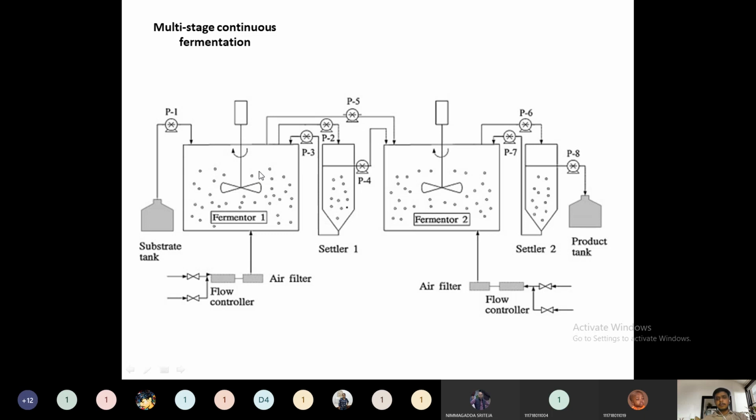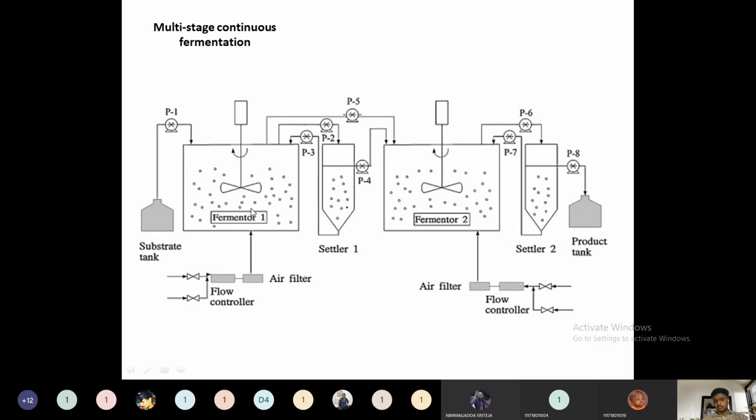Many times, the microorganisms used in the first stage produce some toxic products, or some of the substrate remains in an unconverted state. In that case, we can use some other microorganisms in fermenter 2.